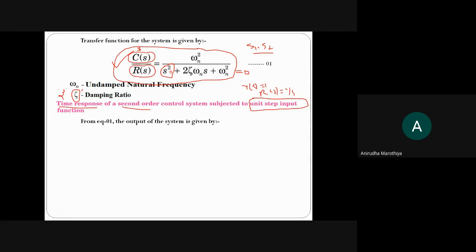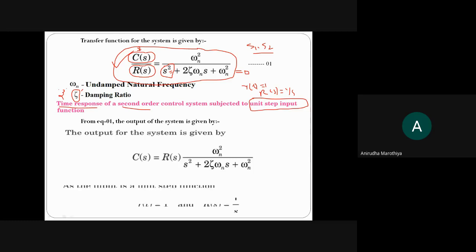So therefore from equation number 1 we can write the output is nothing but R(s) into omega n square upon s square plus twice zeta omega n s plus omega n square. As the input is unit step, that's why r(t) is 1 and R(s) is going to be equal to 1 by s. Now what we need to do? We need to put this R(s) as 1 by s in this particular equation. So this will be your step number 2.